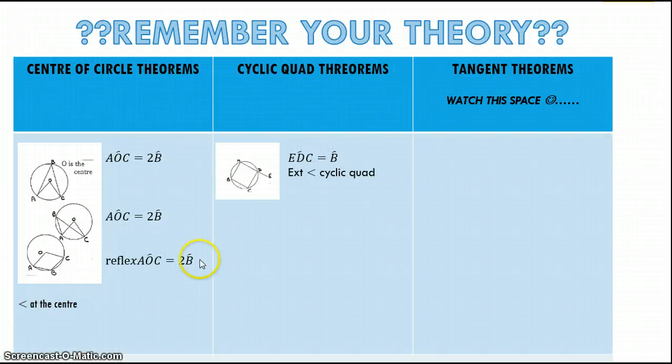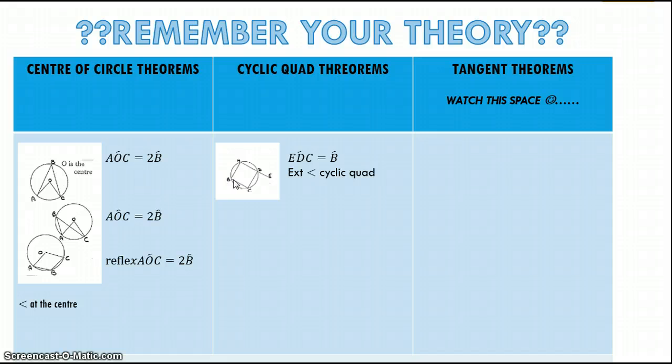Moving on to the next theorem, we have this theorem here. We have a cyclic quad, like in the previous picture, except we have an extension. And we get an exterior angle made when one of the sides is extended straight out. And so we have that EDC is the exterior angle to this cyclic quad. And this exterior angle, EDC, is equal to the inside, hop over the line, across inside opposite angle.